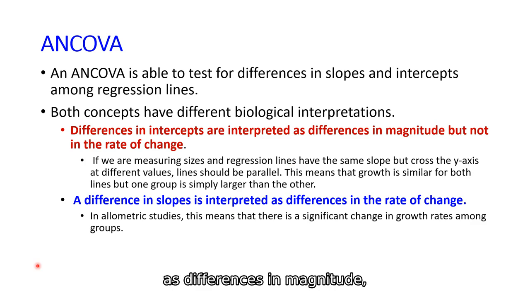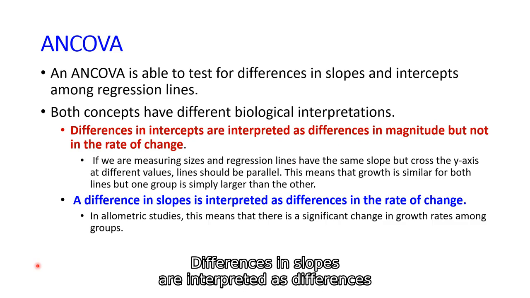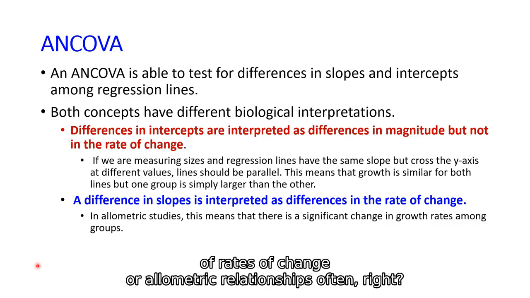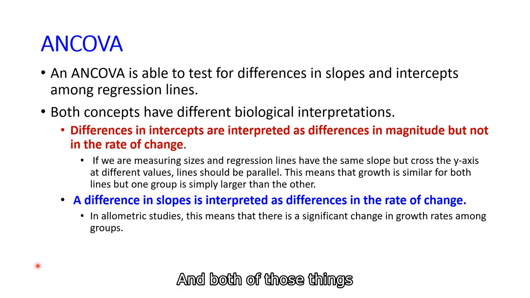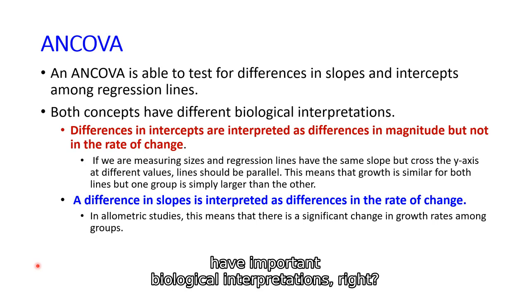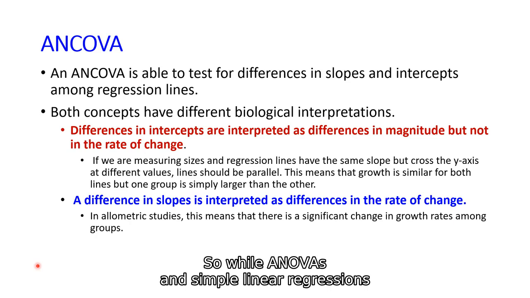So differences in intercepts are interpreted as differences in magnitude, but not necessarily rate of change. Differences in slopes are interpreted as differences of rates of change, or allometric relationships often, right? And both those things have important biological interpretations, right?